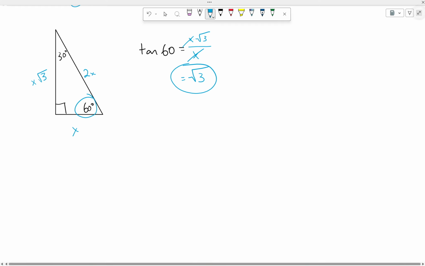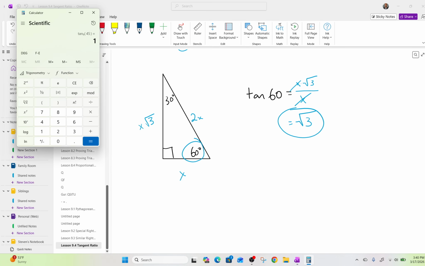Now, let's do a little extension here. Let's take a look on the calculator. If I took the square root of 3, I always have to enter this backwards. 3, square root. It's 1.73.